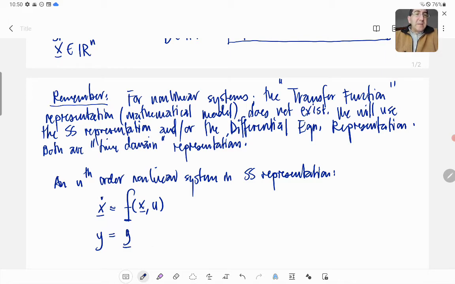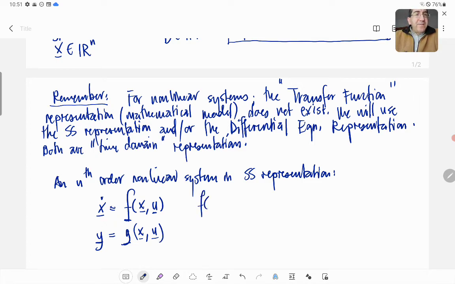In fact, in this case, it's not a vector valued function because we defined y as a scalar. But let's define it in general. So u also can be a vector. Therefore y can be a vector, so a multi-input, multi-output system. In this case, both f and g are vector valued functions of both the state and the input variables.